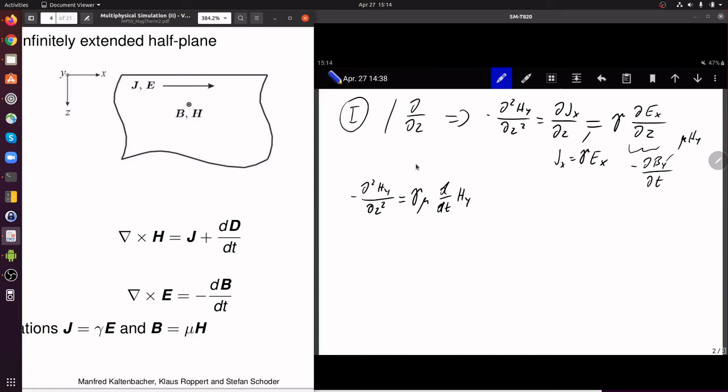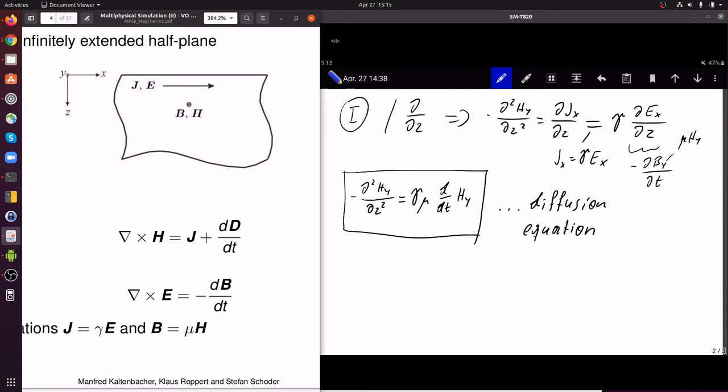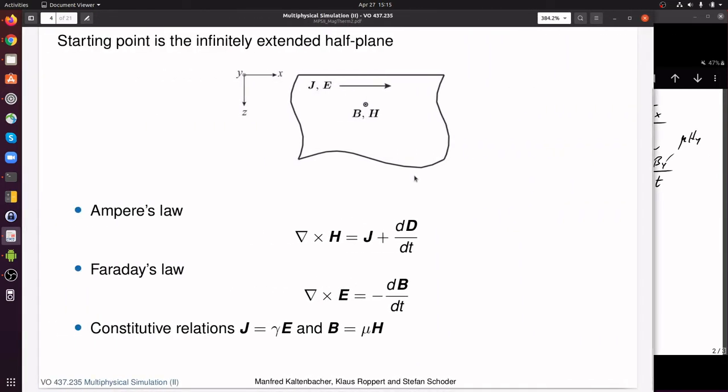Okay, and this equation should be very familiar to you. So we have a second spatial derivative and one temporal derivative, and this is simply the so-called diffusion equation. So this is the equation we have to investigate further, and I've already prepared that on the slides.